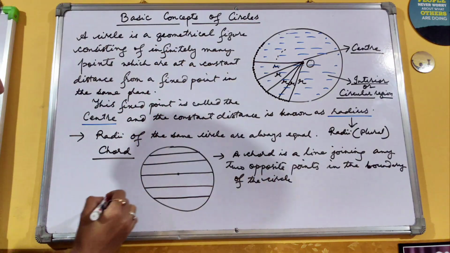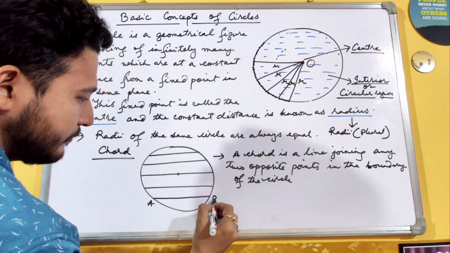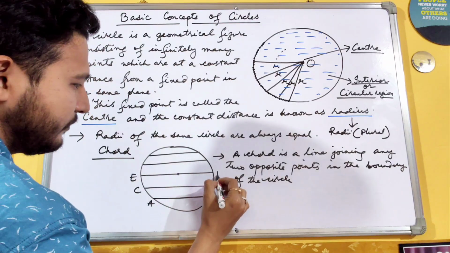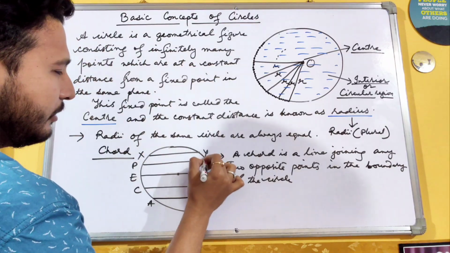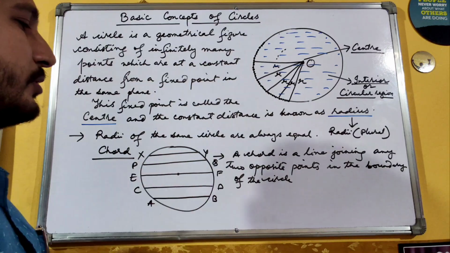You can name the chords like chord AB, chord CD, chord EF, chord PQ, chord XY. So these are called the chords.